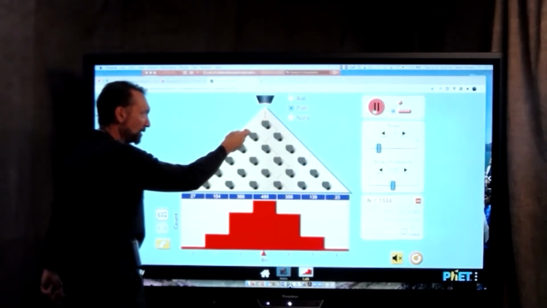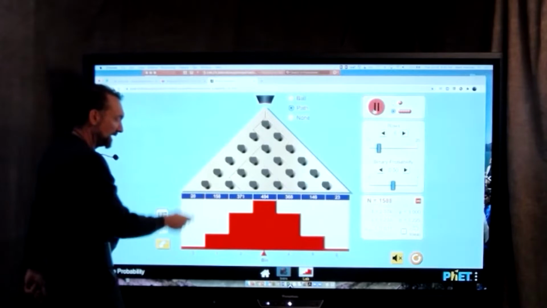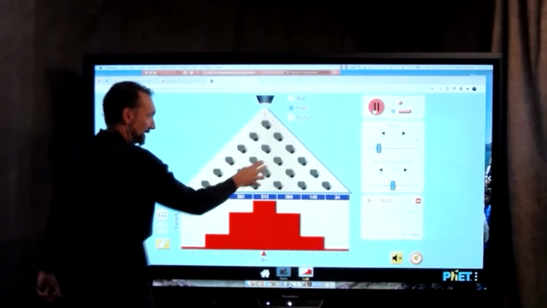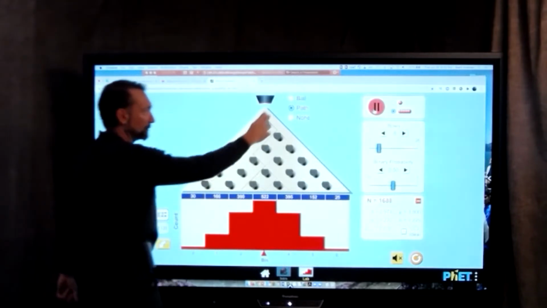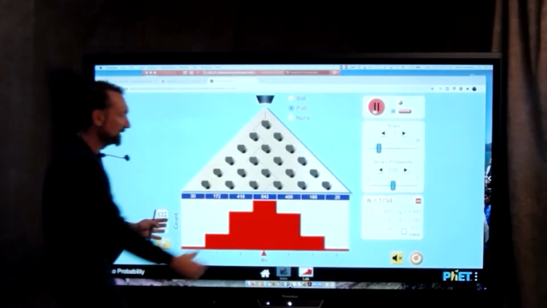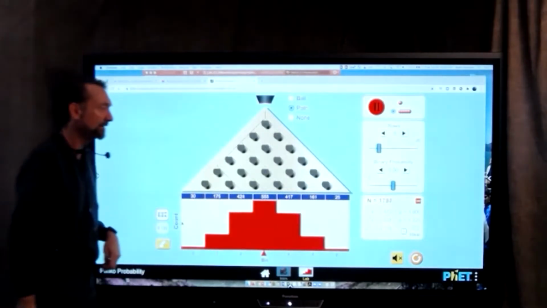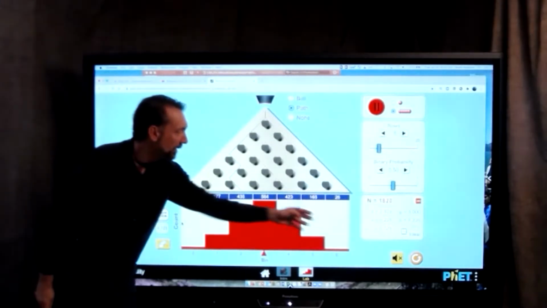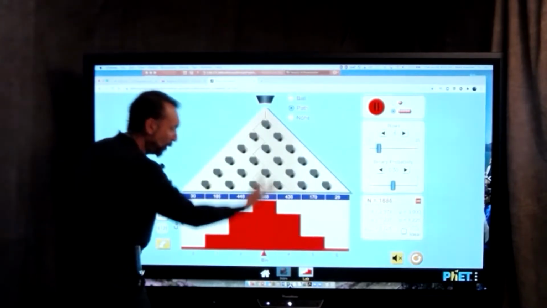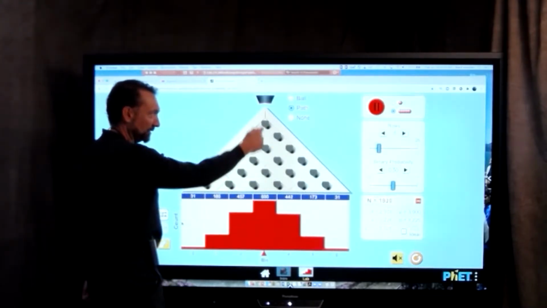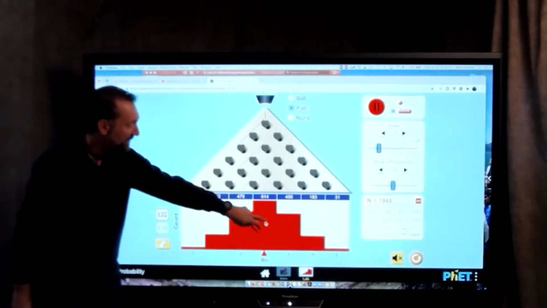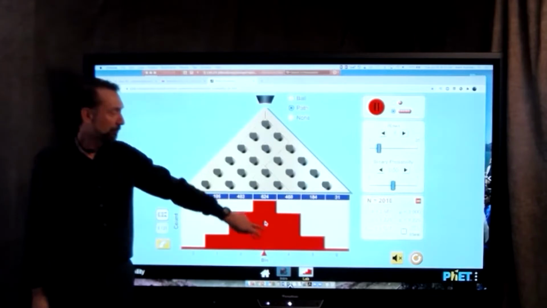But there's one way to bounce all the way down and get here. There's many ways to bounce in the middle and get here. There's only one way to bounce all the way down the side and get there. So these represent the number of ways you can get to each one of these situations. If you have more ways to get to this situation, more probable courses to get there, that's where you're going to end up predominantly.